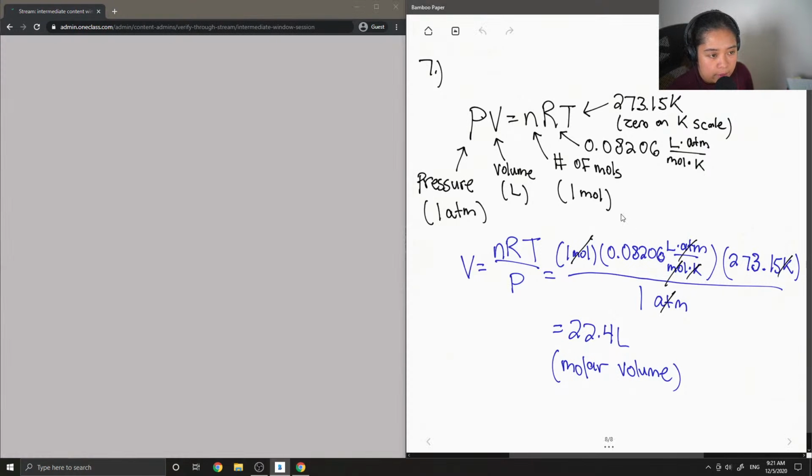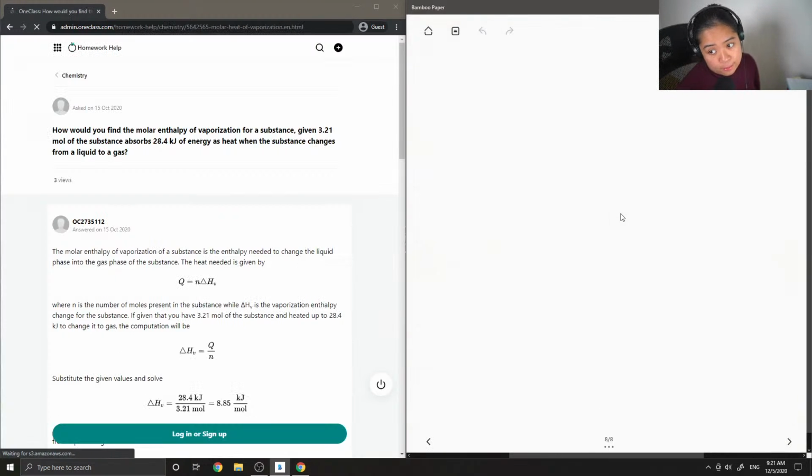This solution is correct. And on to question 8.